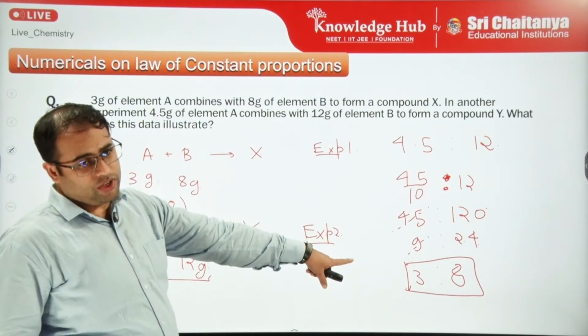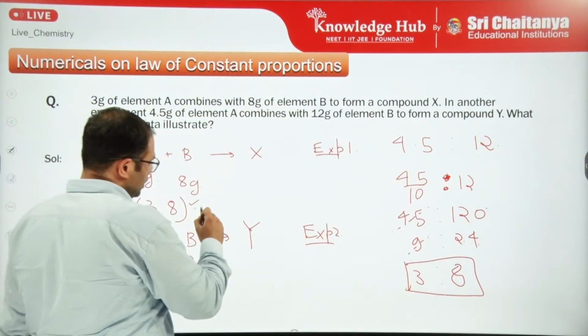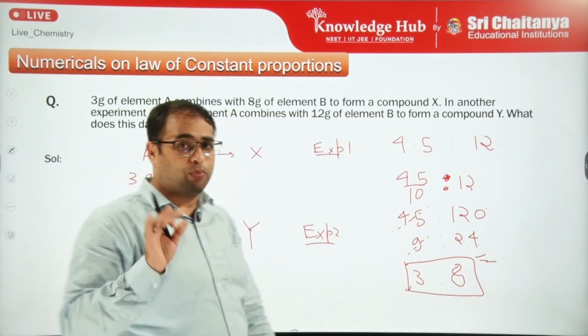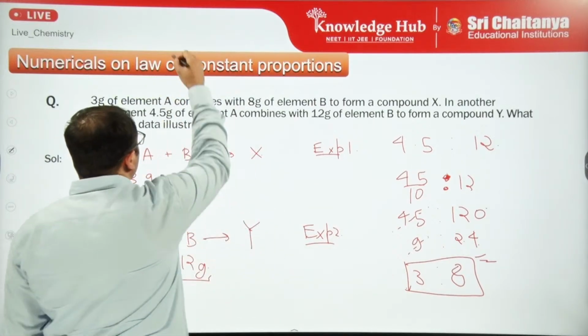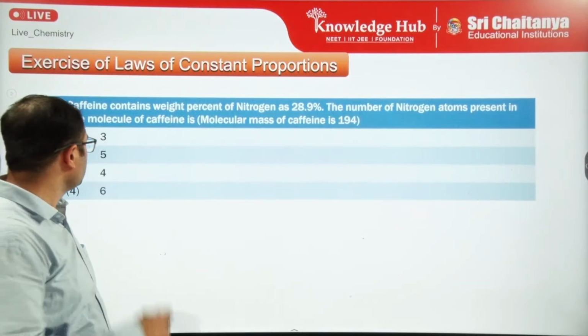So you have got the same ratio, correct? You have got the same ratio 3:8, which was here. Because the ratio remains the same, because we are talking about the law of constant proportions. This is an example of the law of constant proportion. So that is how you solve these questions.